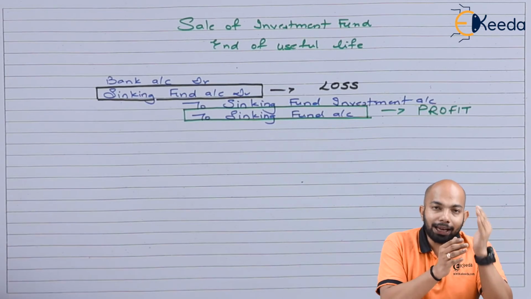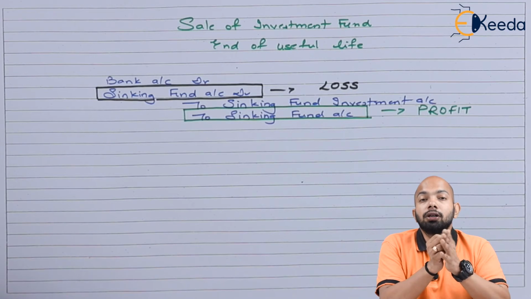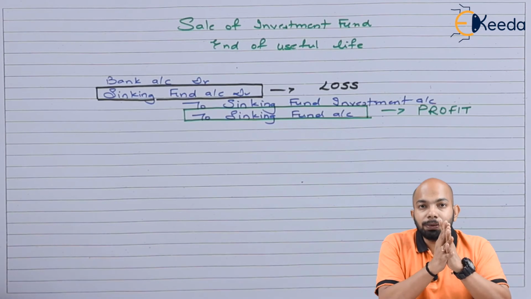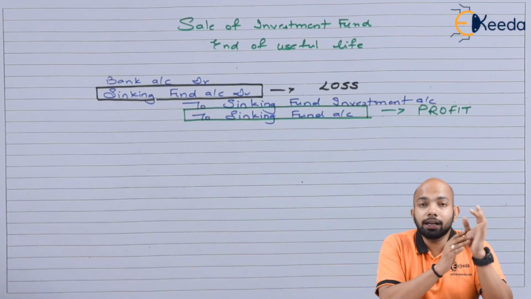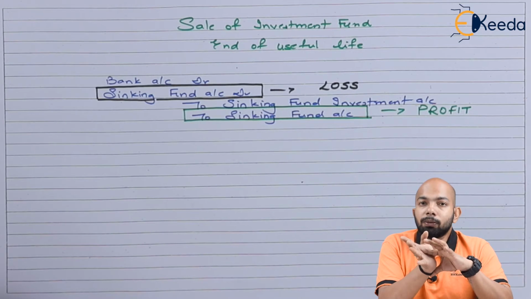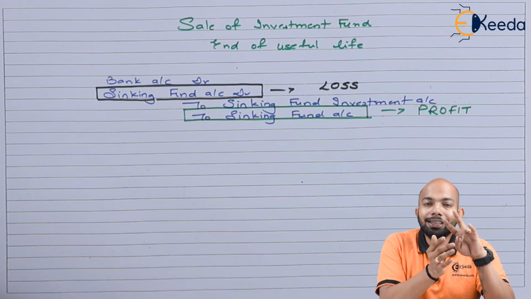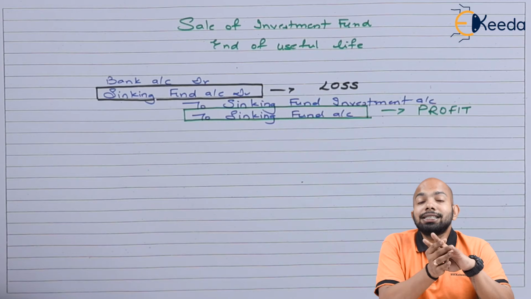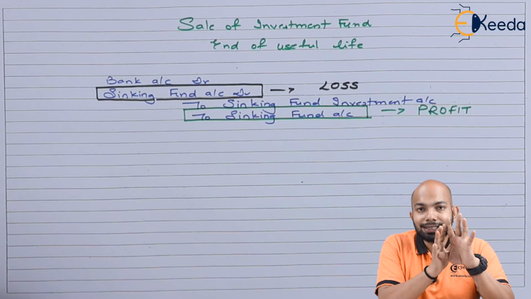So the entry will be bank account debit, sinking fund account debit to sinking fund investment account. This is the combined entry that we have passed here, and hence I've highlighted it. So if there is loss, sinking fund will be debited, and if there is profit, sinking fund will be credited. However, the base entry, that means bank account debit to sinking fund investment account, remains the same.